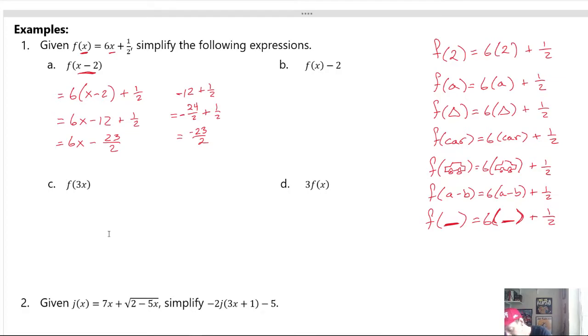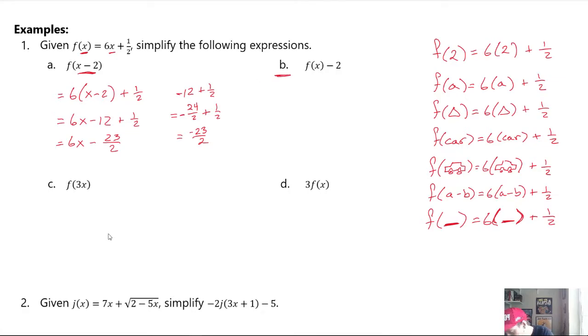Let's compare this with part B in the top right. Here we have f of x, close parentheses, then minus 2. This is different, and I'm not plugging the minus 2 in with the x. Here I'm subtracting 2 from all of f of x. So f of x is 6x plus 1/2, and I'm replacing f of x with its symbolic description, and then we subtract 2 from it.